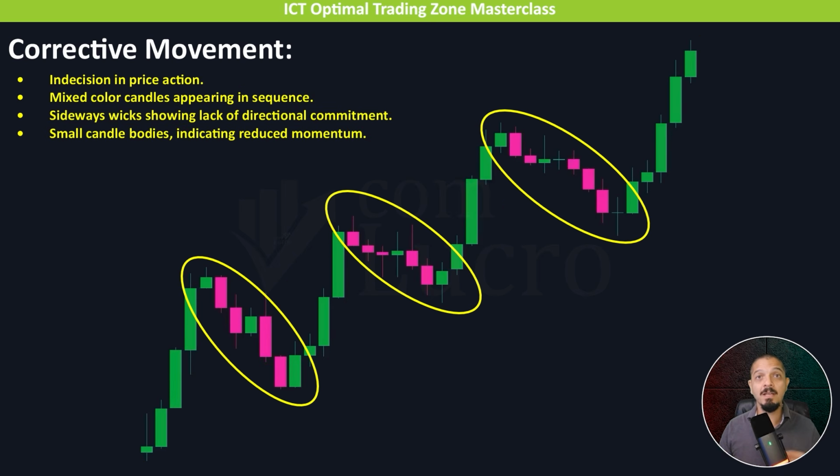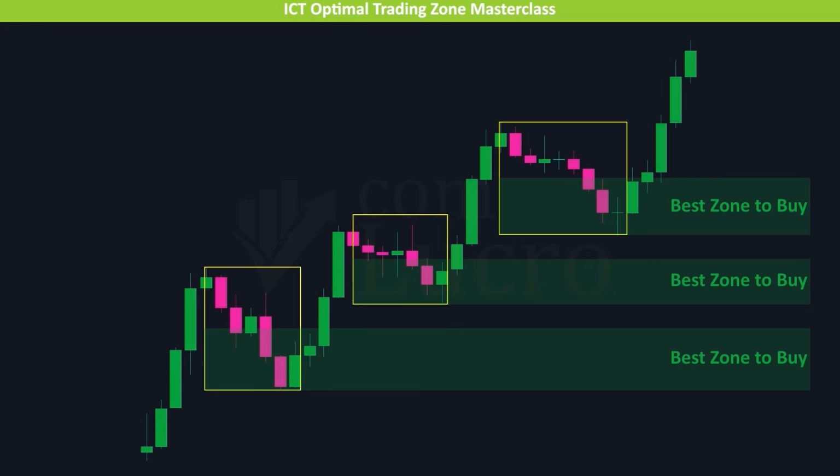In contrast, corrective phases reflect indecision, appearing as mixed color candles with smaller bodies and sideways wicks. Being able to identify the end of a pullback and the beginning of the next impulsive move can be extremely profitable, as it allows traders to position themselves early in potential buying or selling opportunities.